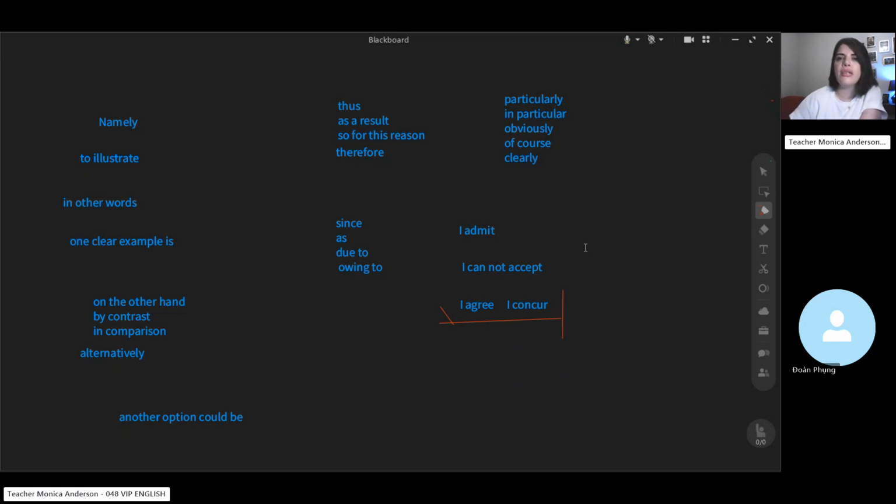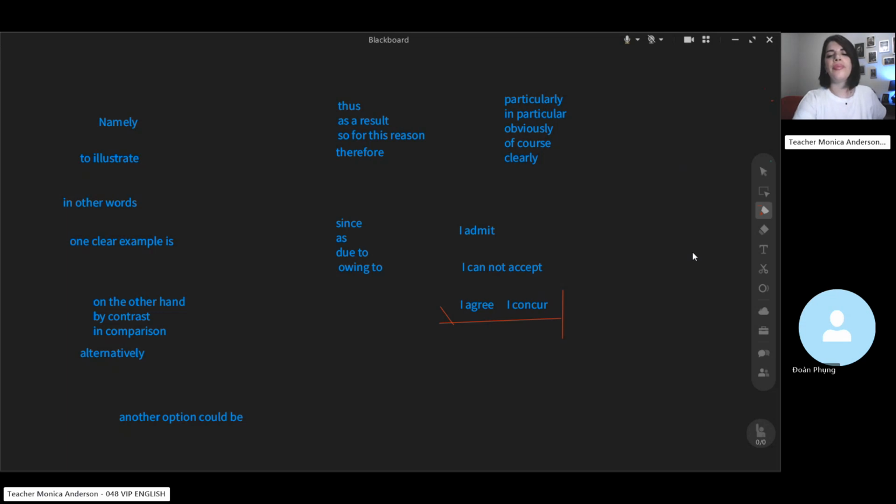Of course, you can use it. For example, we know that we agree that we need to spend money on education. I agree, I concur that money should be spent. So that is the way that we use it.